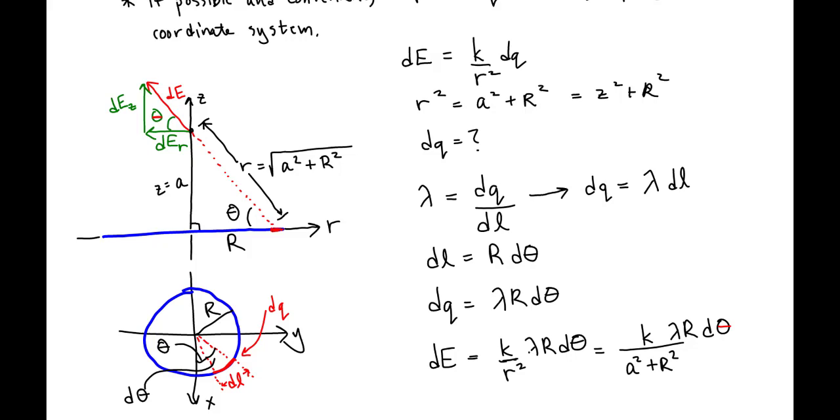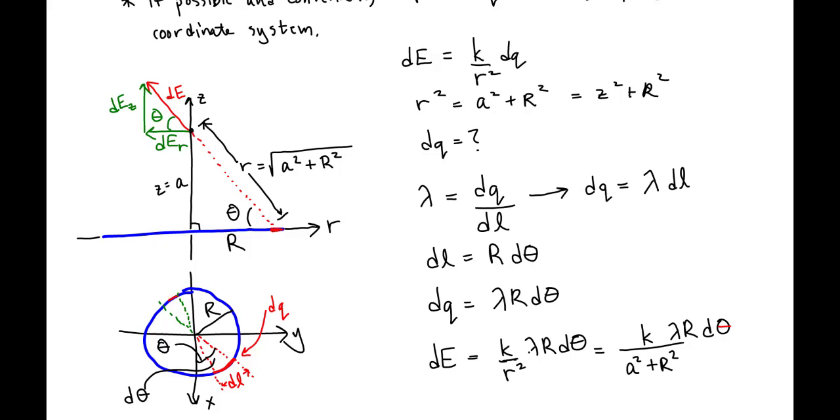So is there a way that we could simplify this problem to make the calculation a little easier for us? Well, if you said use symmetry, you'd be exactly right. The great thing about our diagram is we could see one fact. Every charge element is going to have a mirror element. In this bottom picture I sketched, that charge element in the first quadrant has a mirror charge element in the third quadrant.